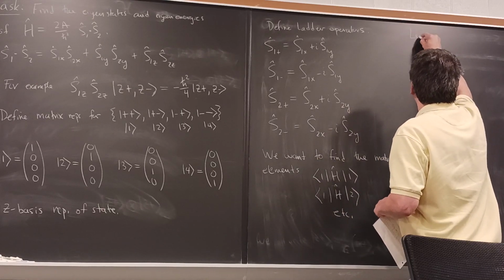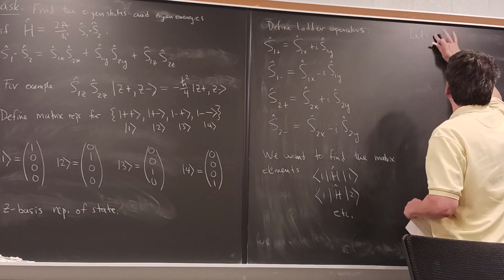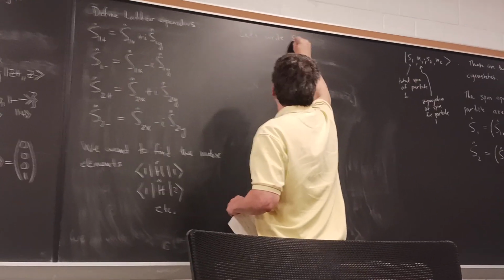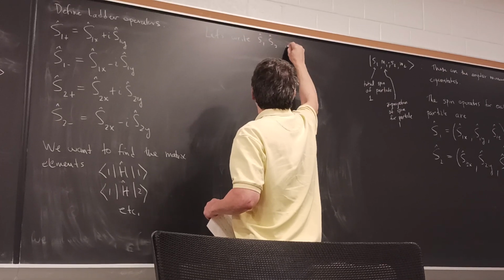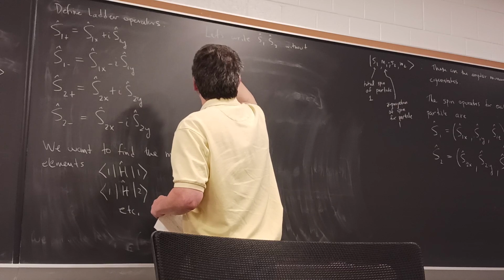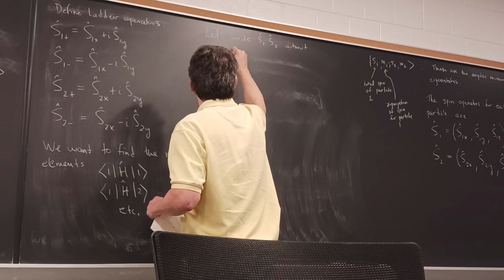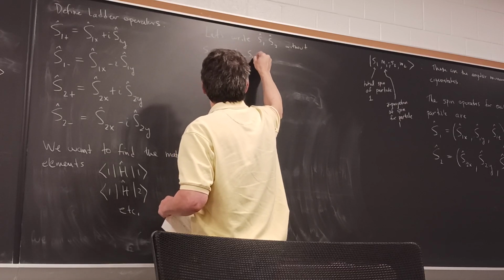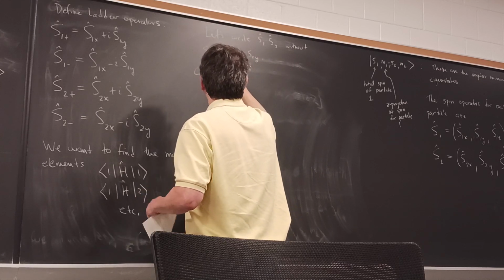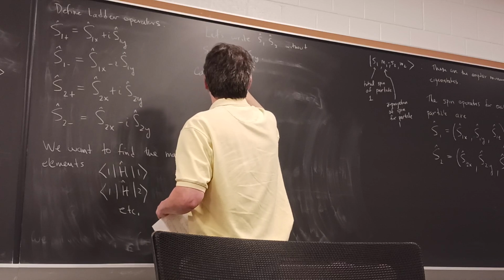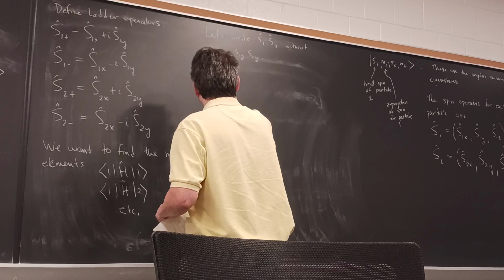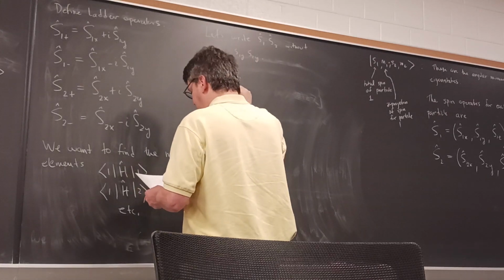So let's write S1 dot S2 without S1x, S2x, S1y, S2y. To do this, we shall calculate S1 plus S2 minus.